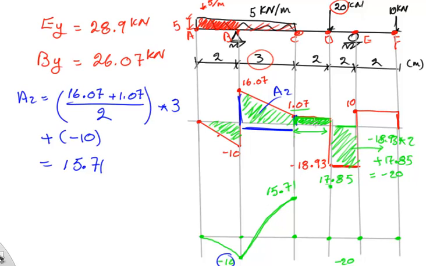Whenever it's decreasing or increasing, the moment should be parabolic, and whenever it's a straight line like that, the moment should be a straight line, but increasing or decreasing depending on the values. So it's parabolic here, but starting from this point it should be a straight line like that, and like that, and like that. Just be careful about this point here.